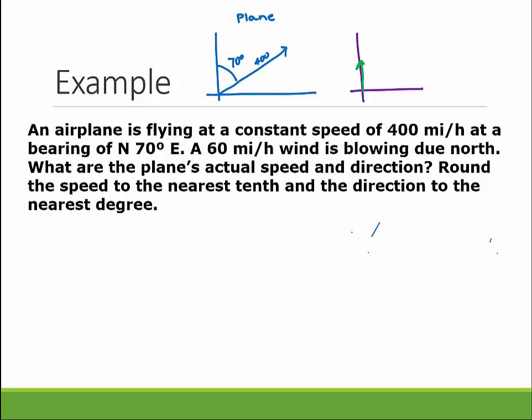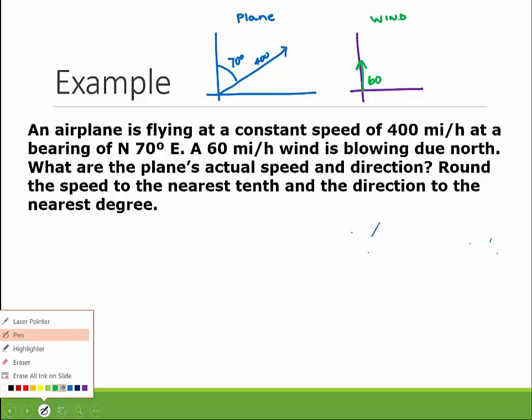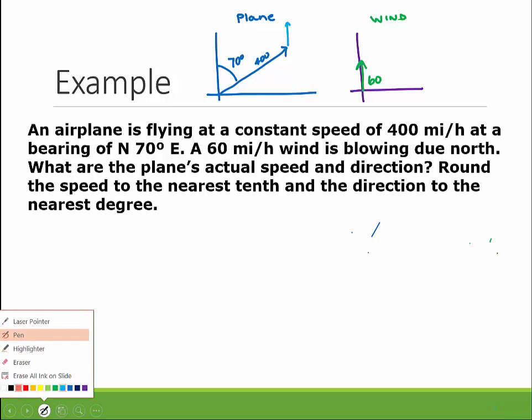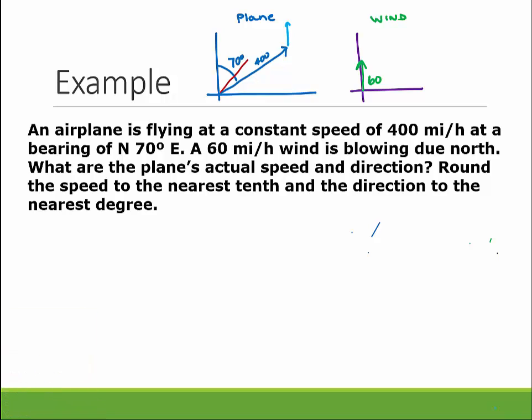It's blowing directly north. Now if we were to use the head to tail method, we would definitely need some graph paper to make sure that this is consistently true, but you can kind of get an idea of where this is going. The plane's going in this direction, the wind's pushing it in this direction. So we know that when we get done with this, the plane is really going to be going somewhere here.